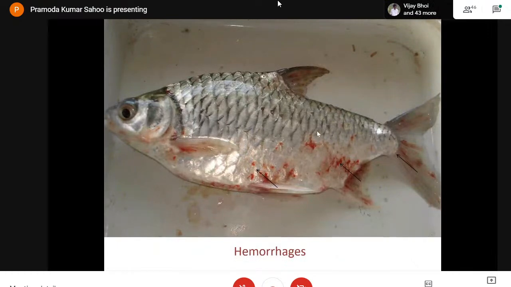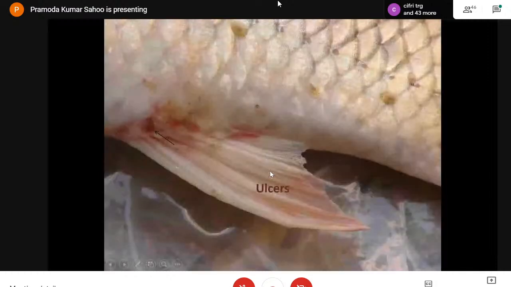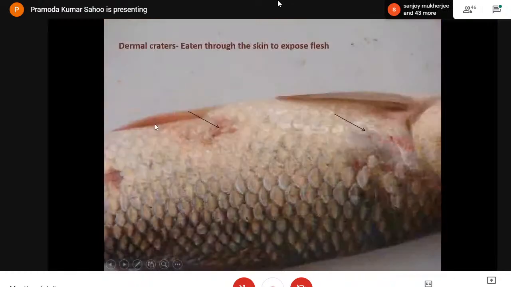In some species, you can see massive hemorrhages with a small number of parasites, massive hemorrhages at the caudal fin, at the base of the fin, or even the tail. Also, you will find a large number of hemorrhagic areas, focal ulcers, and sometimes it may lead to large-scale dermal ulcers.